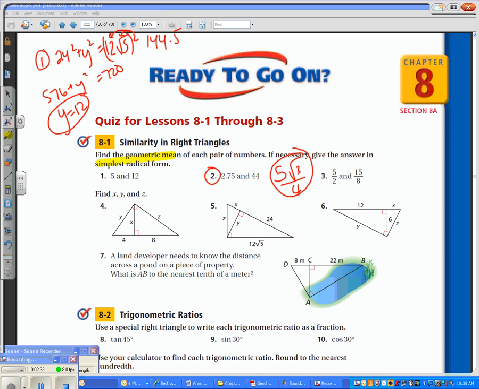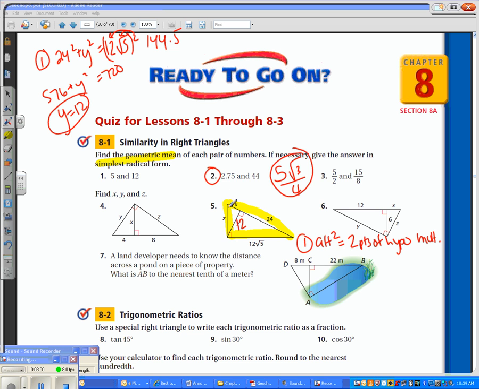Some people did get this part correct. Okay, so now in this triangle, we know that this part is 12. If you notice, the big triangle is a right triangle. And we have two shortcuts that could help us figure out what x and z are. One is that the altitude squared is going to equal the two parts of the hypotenuse multiplied together.